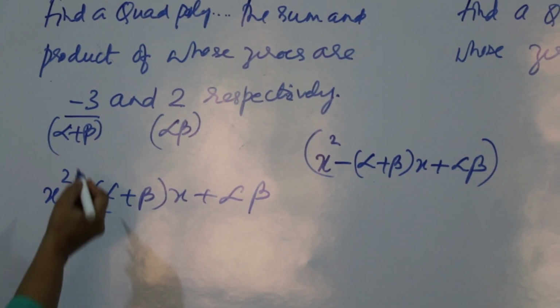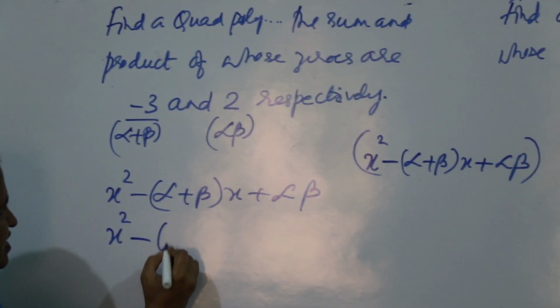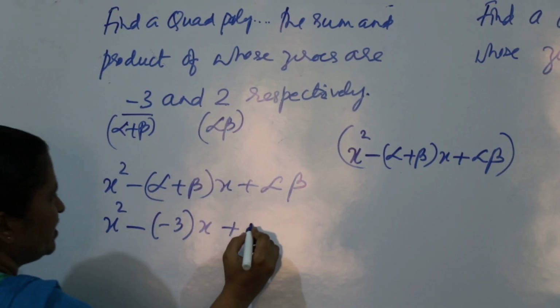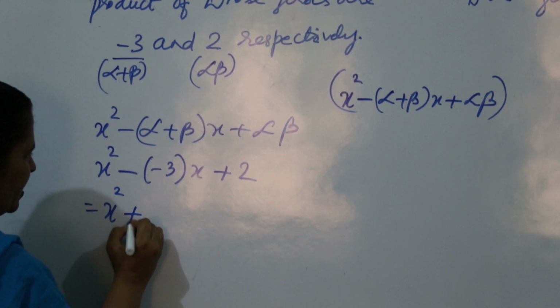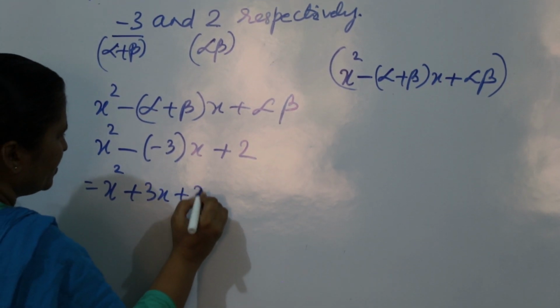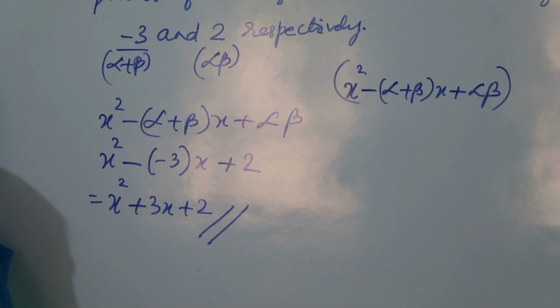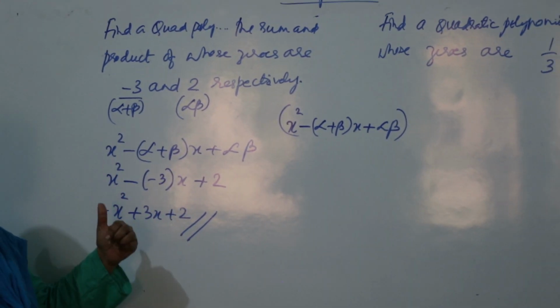Now what do we do? We put the values here. Minus, what is alpha plus beta? Minus 3x. What is alpha beta? 2. So our equation becomes x square plus 3x plus 2. This is a quadratic polynomial we found using the given information.